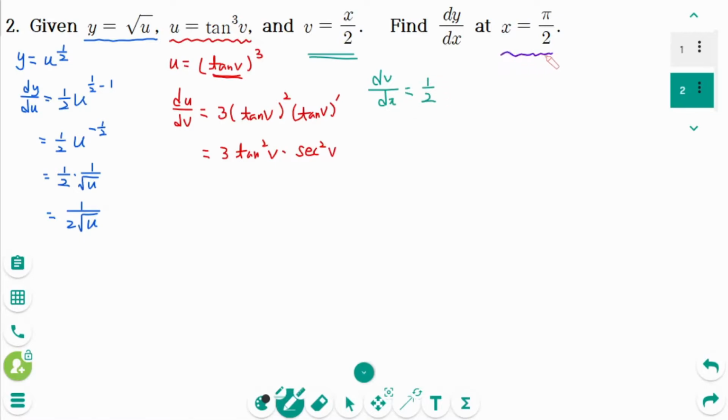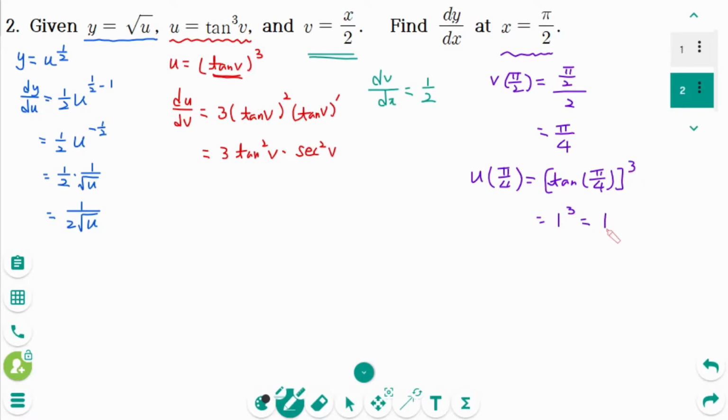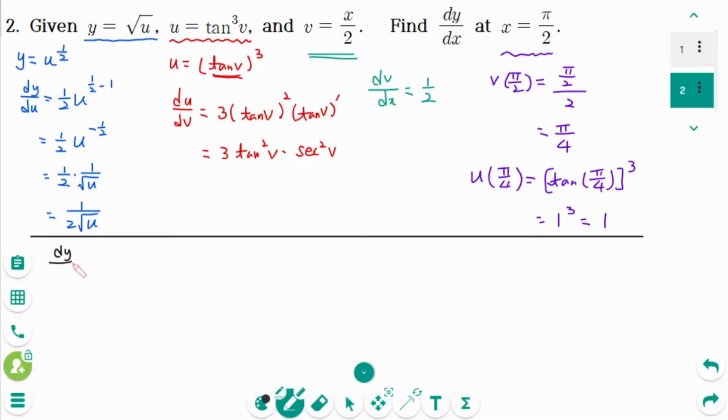When x equals pi over 2, v of pi over 2 equals pi over 2 over 2, which is pi over 4. Then u of pi over 4 equals tangent pi over 4 to the power of 3, equals 1 cubed, which equals 1. dy dx equals, we can rewrite as dy du times du dv times dv dx.